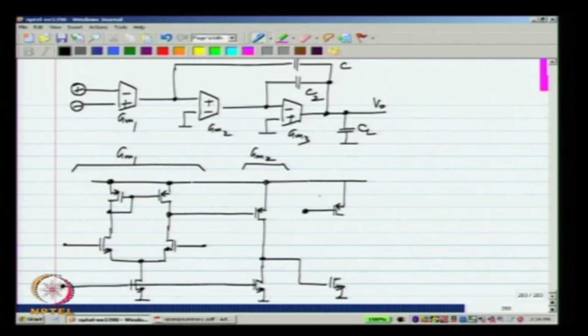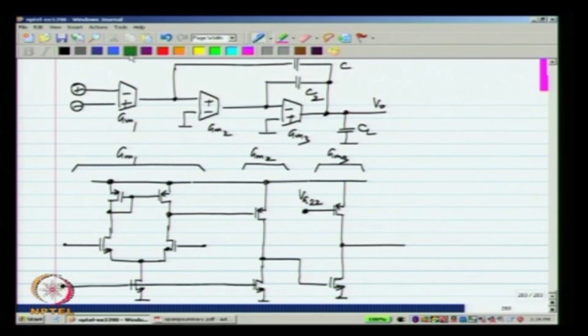Where this PMOS is biased at some fixed voltage. Now, as usual, that is derived from some current mirror. So, this is GM3.